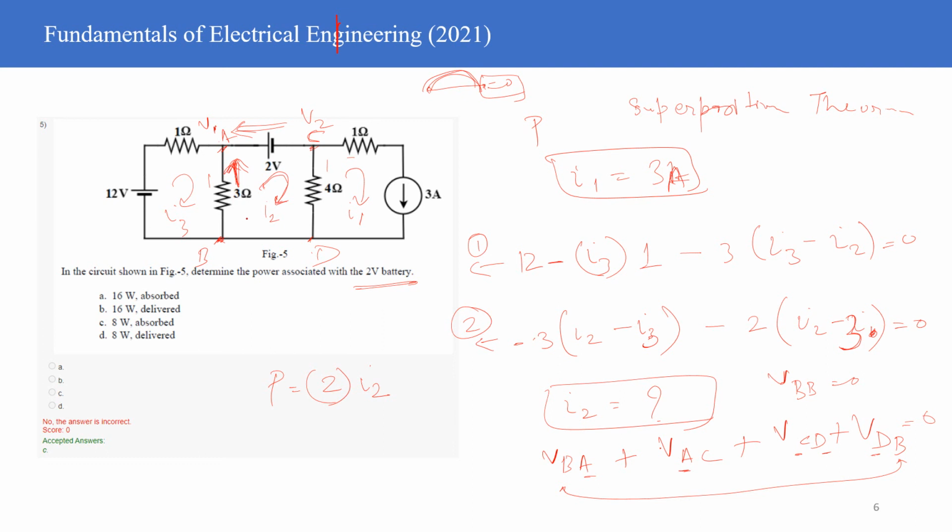So you are going in this particular loop effectively, Hassan, right? And then the loop voltage must be equal to 0. Now VBA, when you are writing, did you understand what I wrote here, Hassan? Yes. You understood this particular equation, right? I only have doubt in the second equation, minus 3 (I2 minus I3).